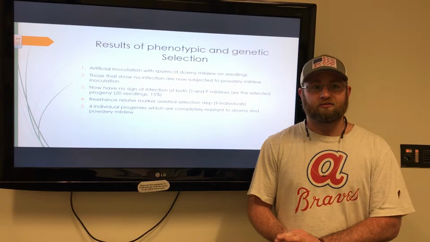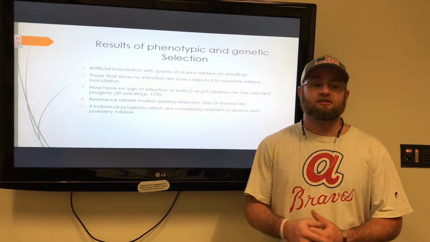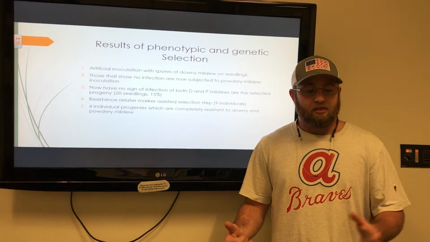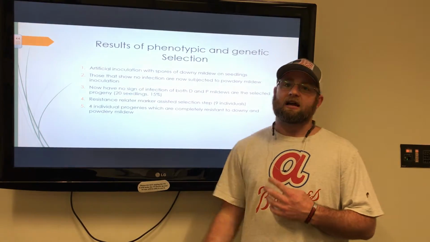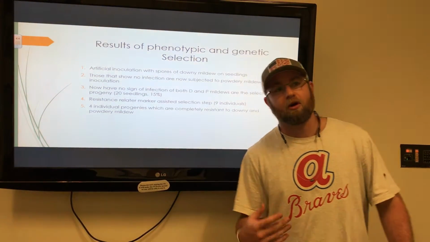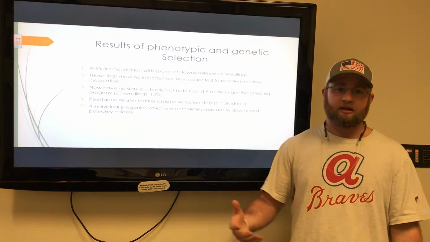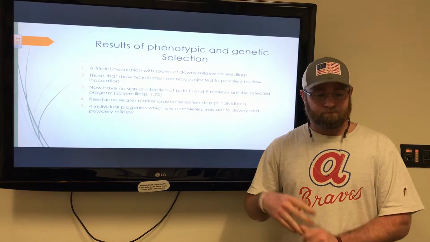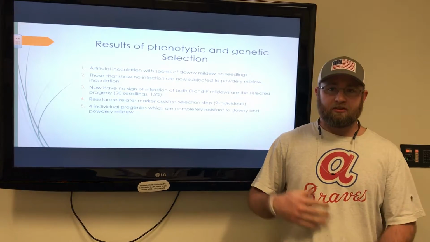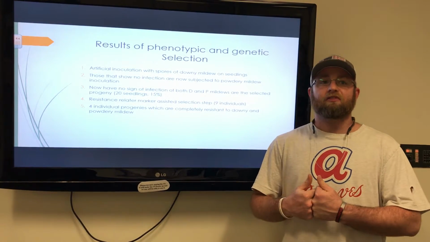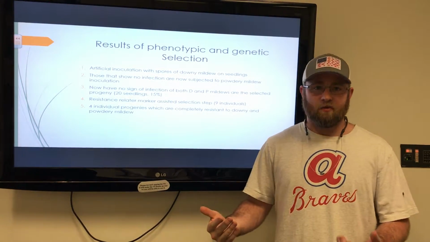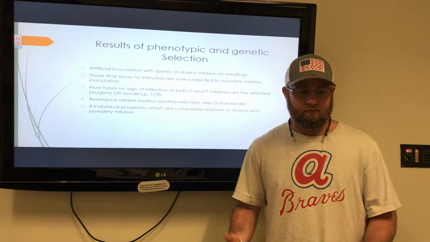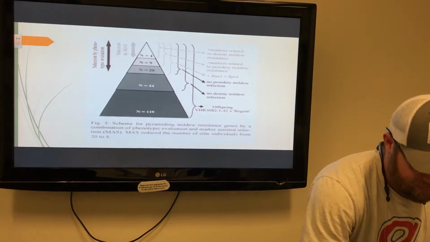Out of the number that show resistance to downy and powdery mildew, they do genetic analysis tests showing marker-related alleles for downy mildew, and then they repeat that process again, the genetic analysis for powdery mildew, and this is what they get.